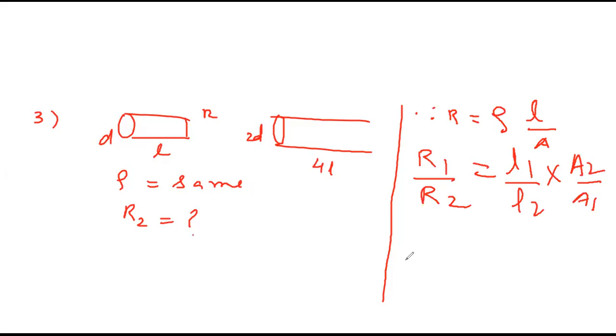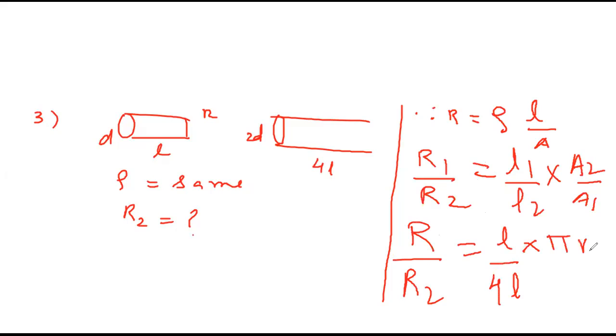Is it right? So this is R upon R2. Length first is L, second is 4L. Area of second is pi R2 squared upon pi R1 squared, pi cancels, L cancels.